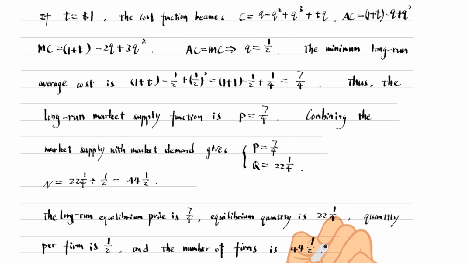The long-run market equilibrium price increases by 1. The market equilibrium quantity and the number of firms fall, while the output per firm remains unchanged.